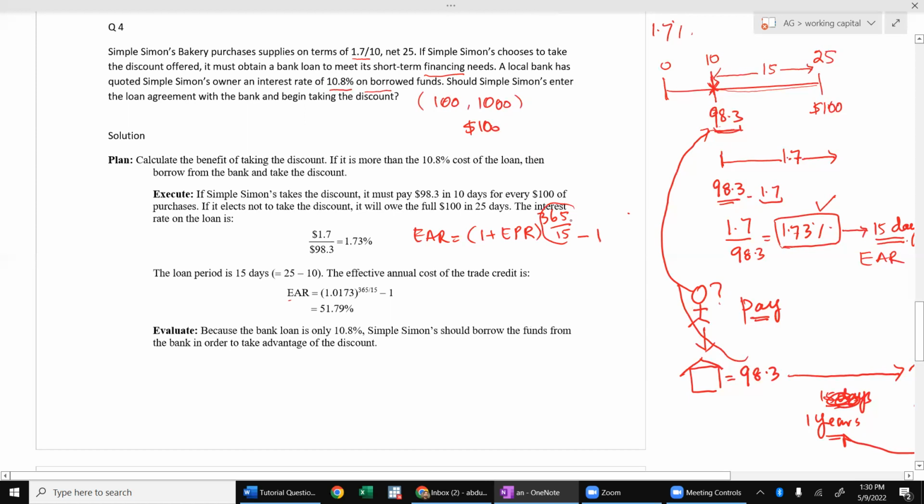Okay. So if we convert that, our answer will be 51.179%. So if we take this discount, our annual benefit would be 51.79%. But the bank is offering us 10.8%.